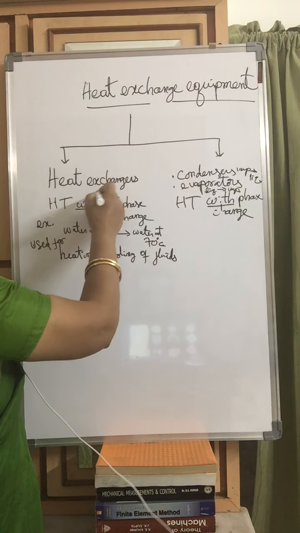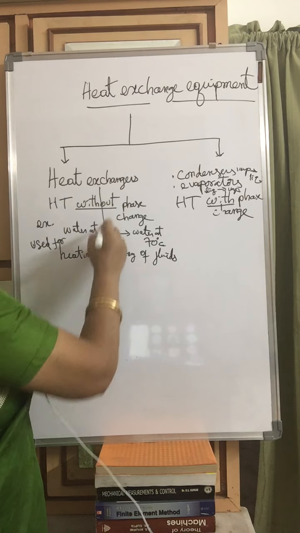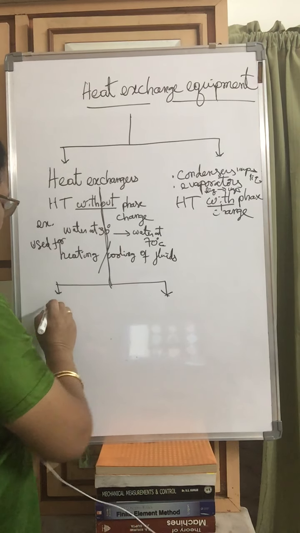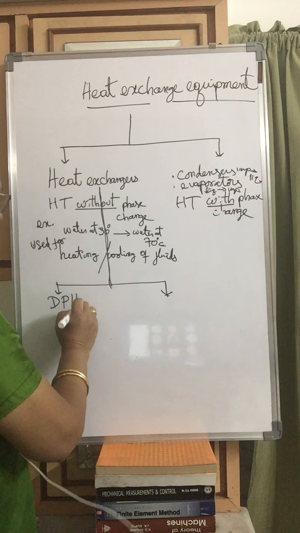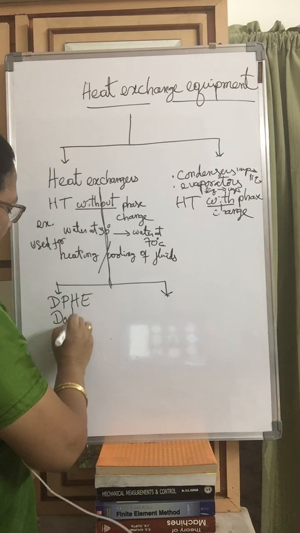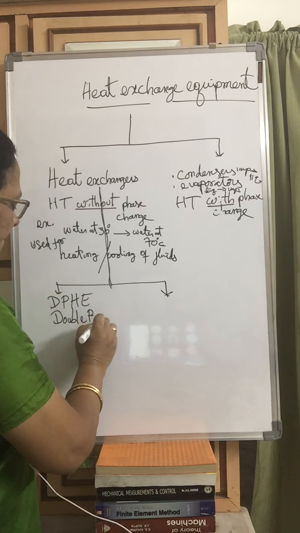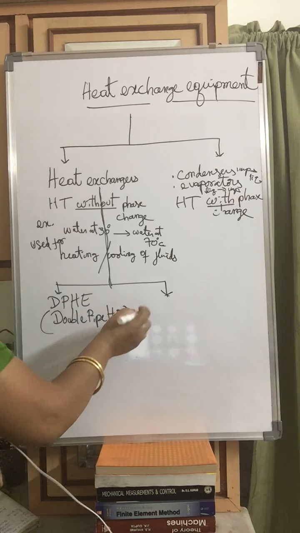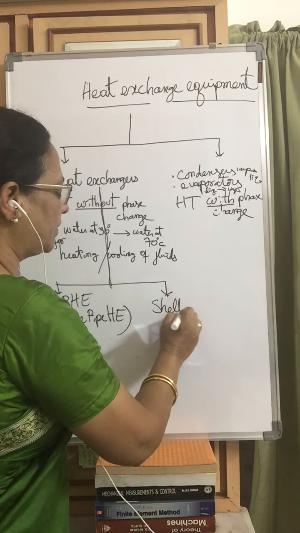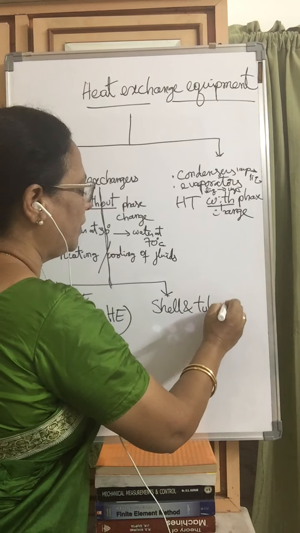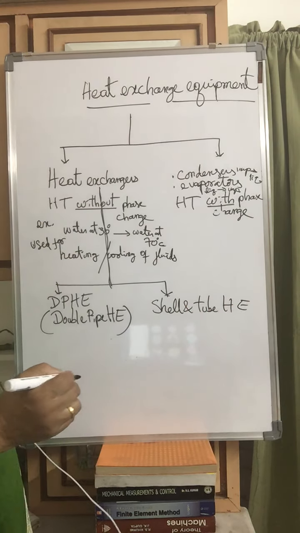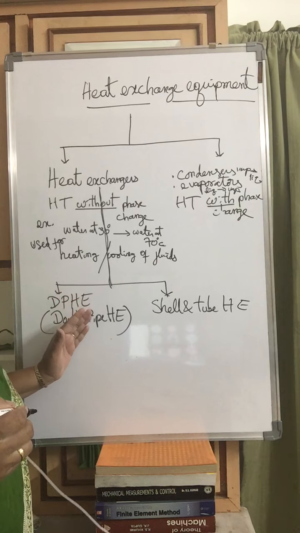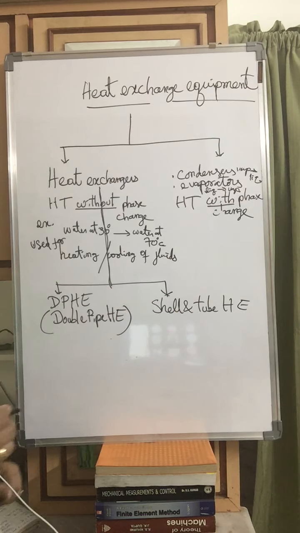Heat exchangers are again divided into two types: the double pipe heat exchanger, DPHE, and the shell and tube heat exchanger.